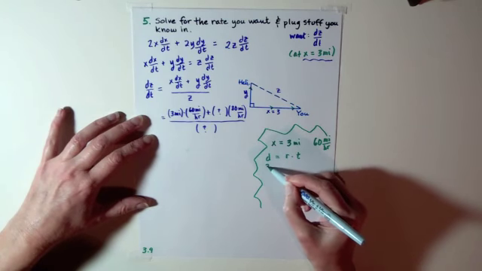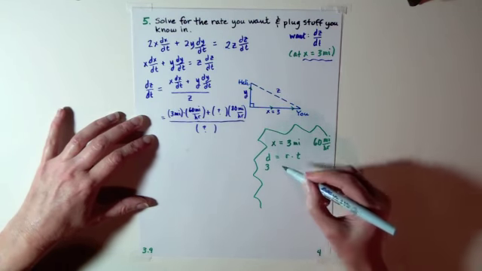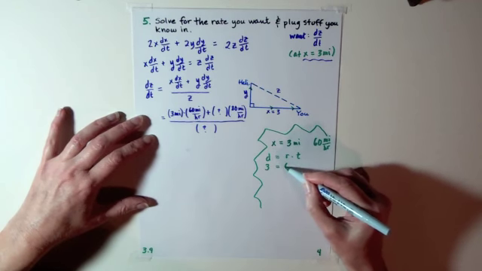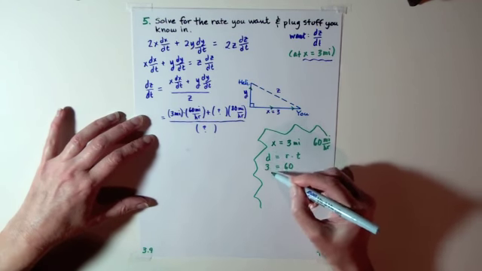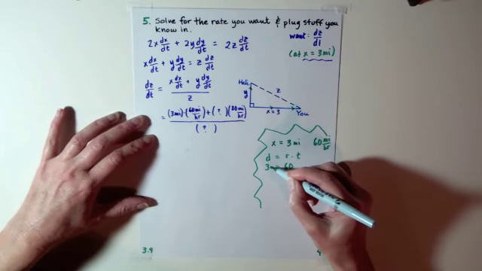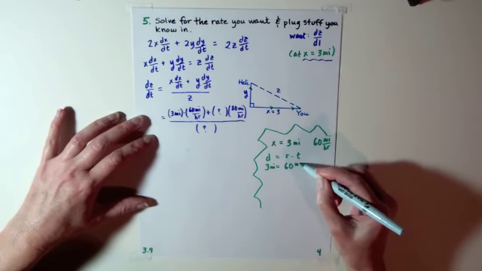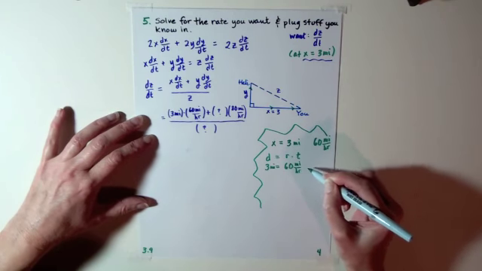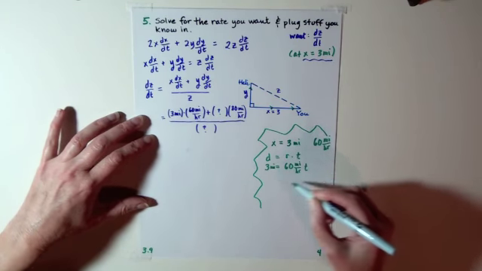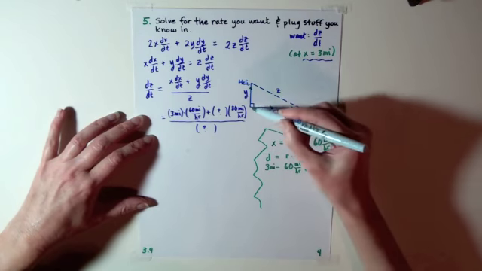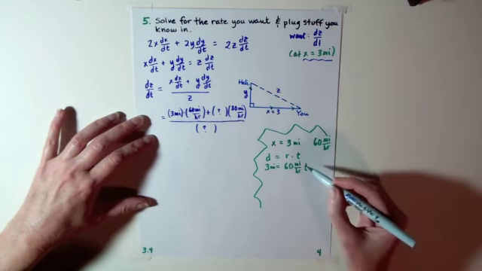We want your distance to come out to 3 miles when your rate is a constant 60 miles per hour. You can put the units on here: 3 miles, 60 miles per hour. How long does it take you to go those 3 miles? That's easy enough.